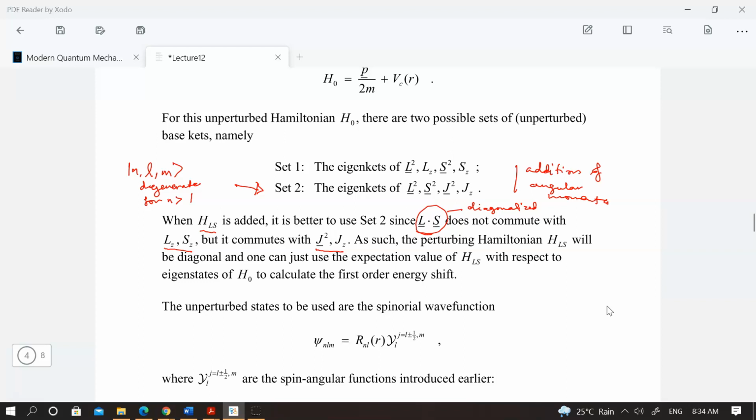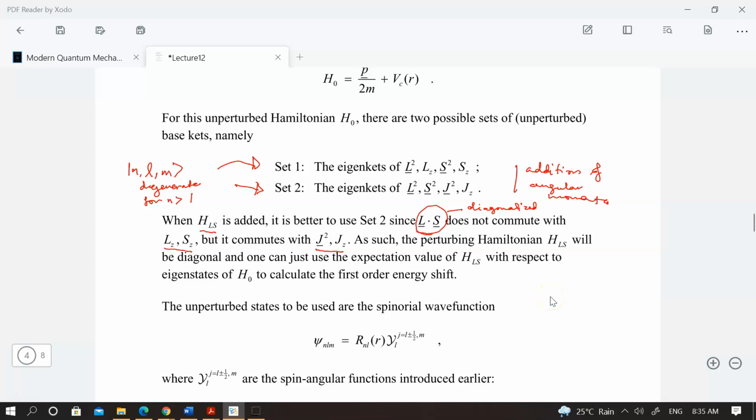But if the unperturbed eigenstates already give you a diagonalized matrix for your perturbing term, then you do not need to consider the complicated version of degenerate perturbation theory. That will only apply for the case of set 1, which we will not do. So we're going to use set 2 as the basis for your unperturbed states.